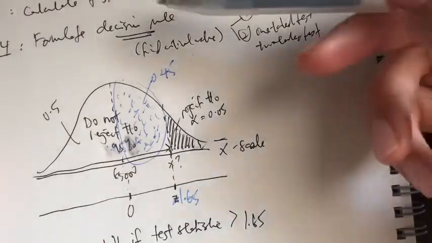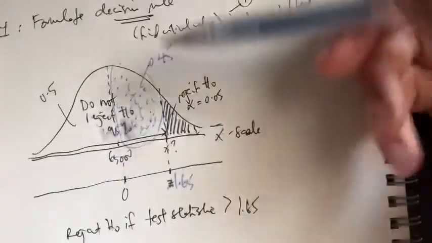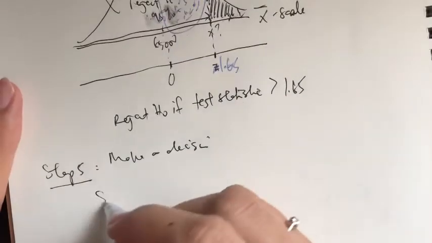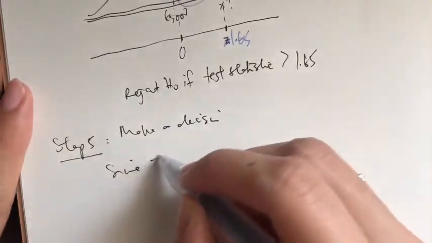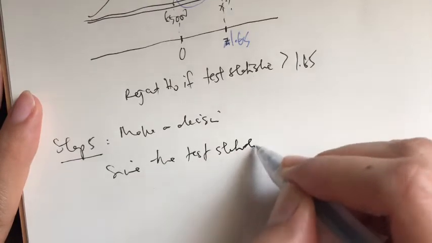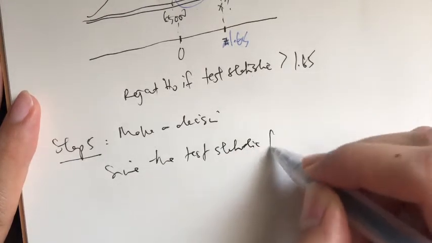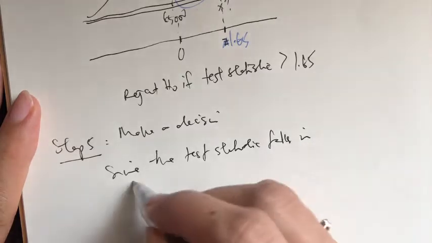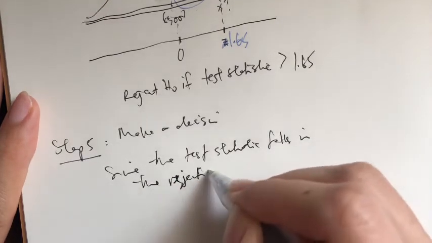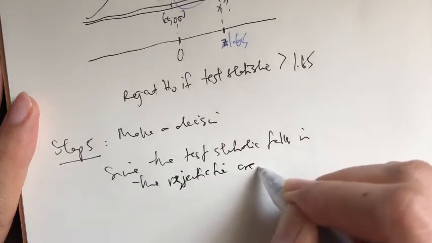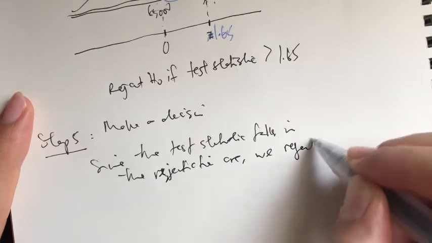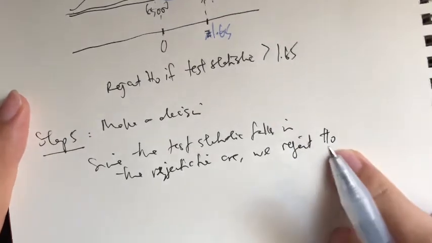If our test statistic falls somewhere here, then we say since the test statistic lies or falls in the rejection area, we reject the null hypothesis.